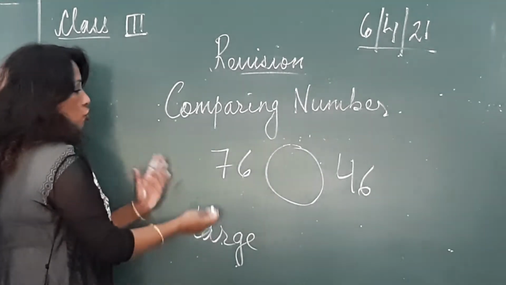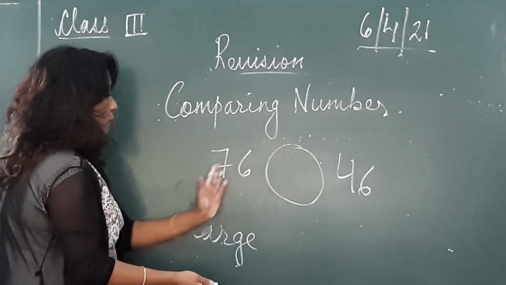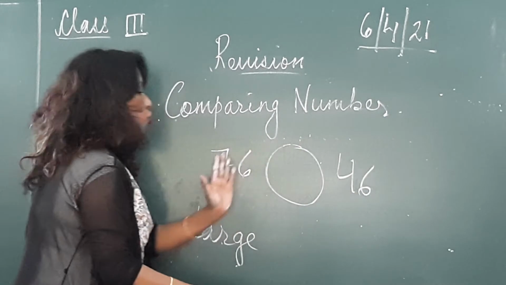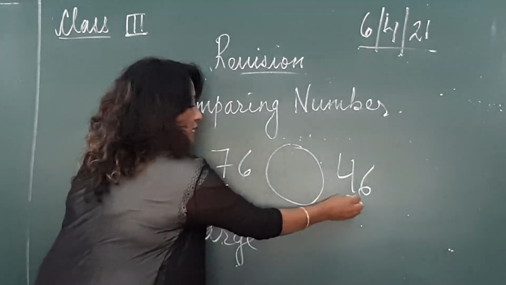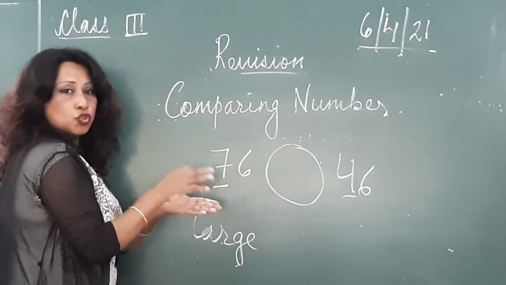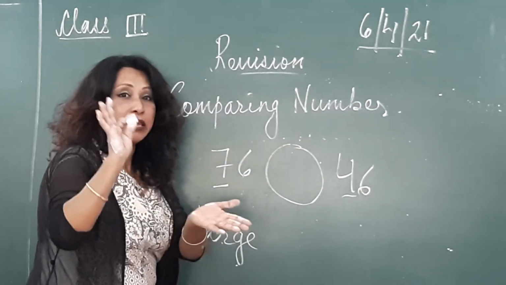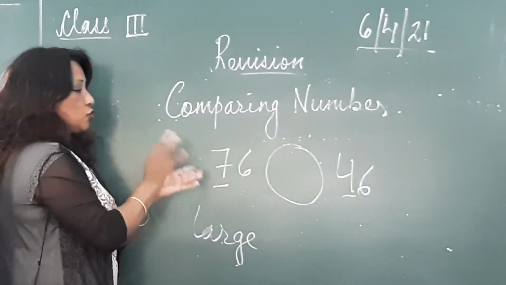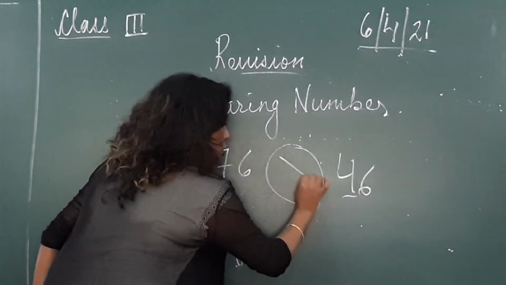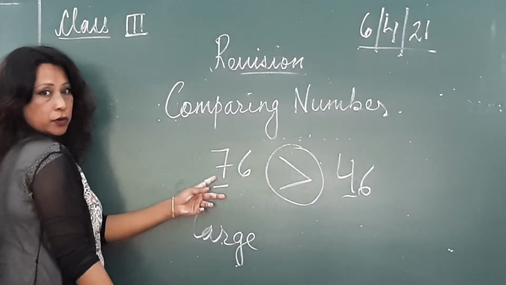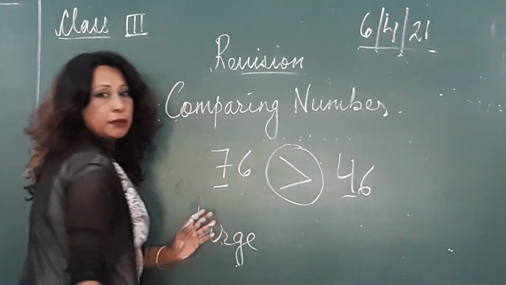Which is big, 7 or 6? 7 is big. I told you to open your mouth like a beak. Last time I showed you, no? You open the bird's mouth towards the bigger number. And automatically the other number becomes small.